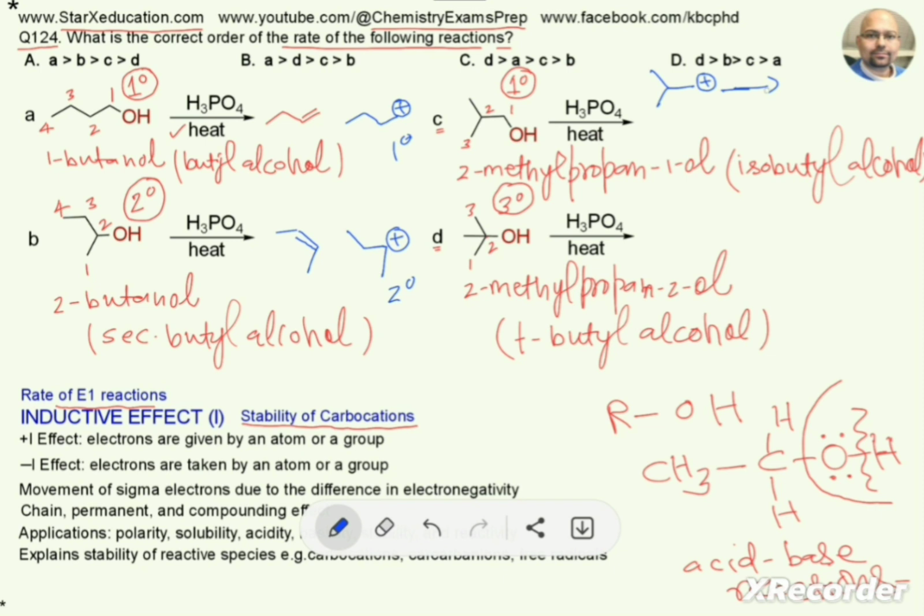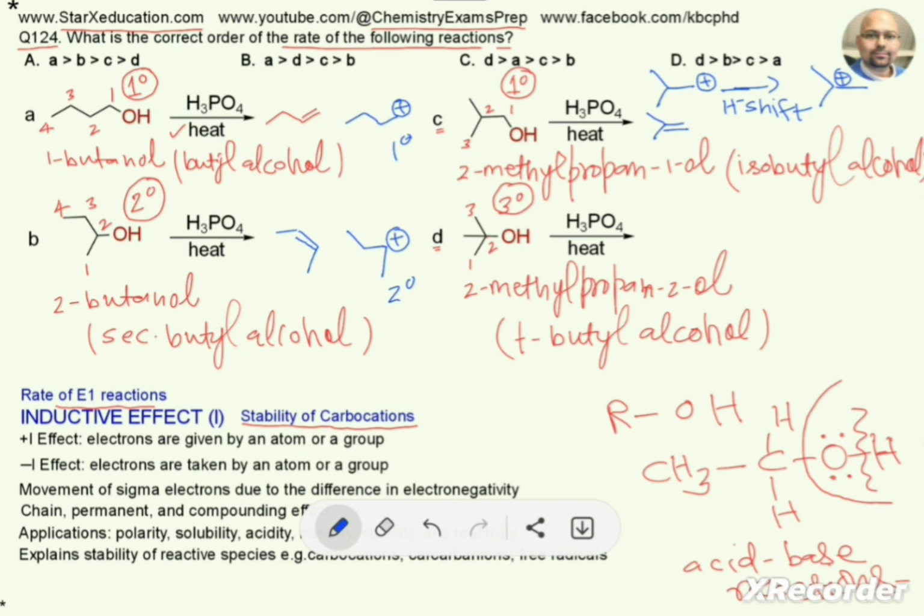So in this case, after hydride shift, we get a tertiary carbocation. So the product in case of C will also be the same as the product in case of D. So the product here will be this alkene, which is more substituted than in case of the product of A and B.